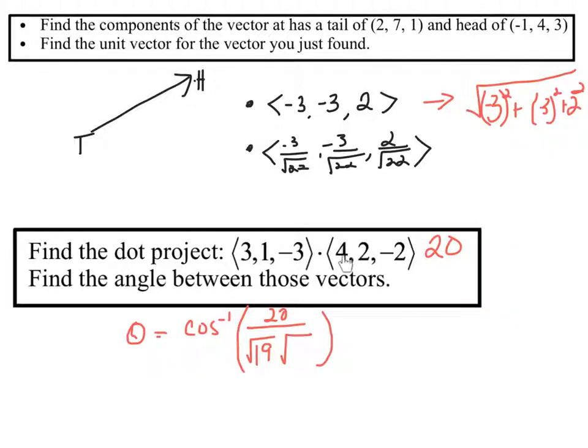Here, 4 squared plus 2 squared plus 2 squared. So 16 plus 4 is 20, plus 4 is 24. So you would type this into your calculator, and that would give you the angle.